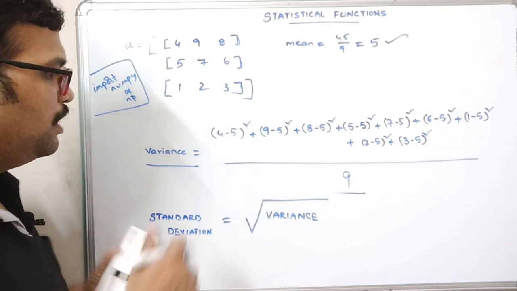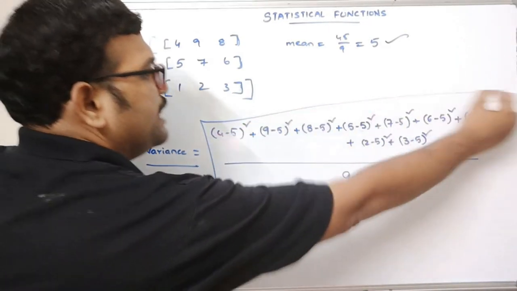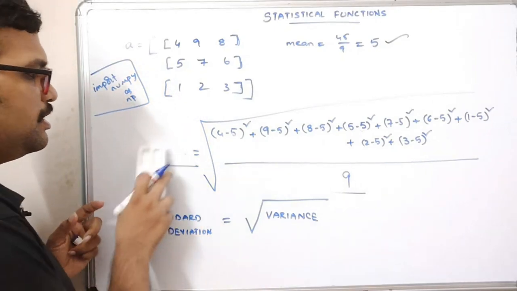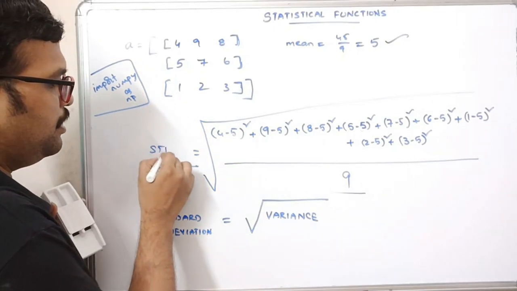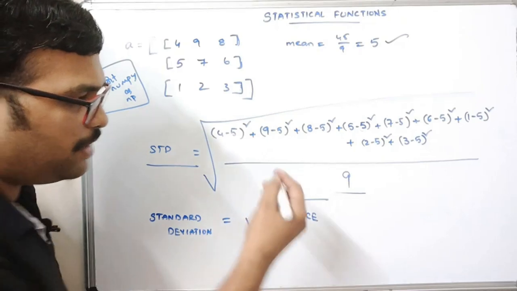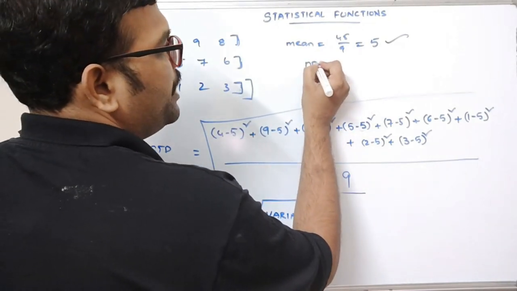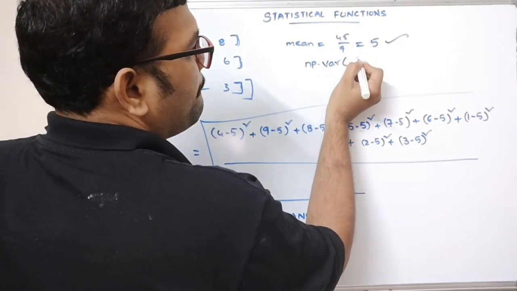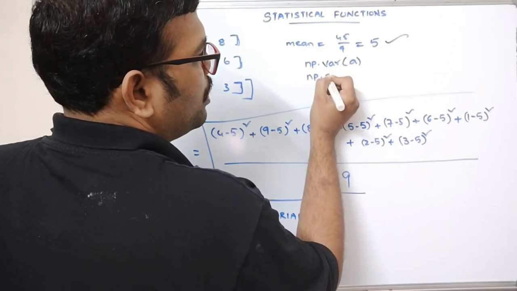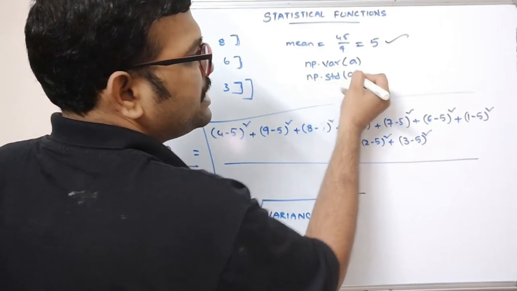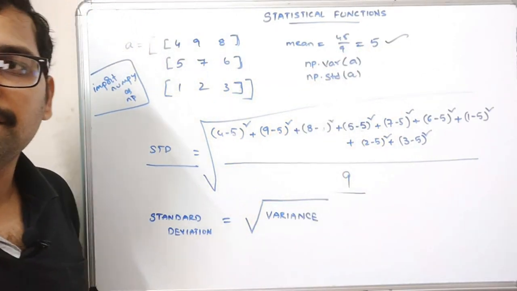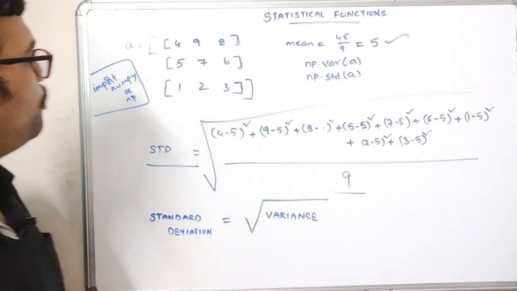So giving the square root for all these things will give the standard deviation. Right? So for that we have directly functions called np.var and np.std, that means variance and standard deviation. Right?